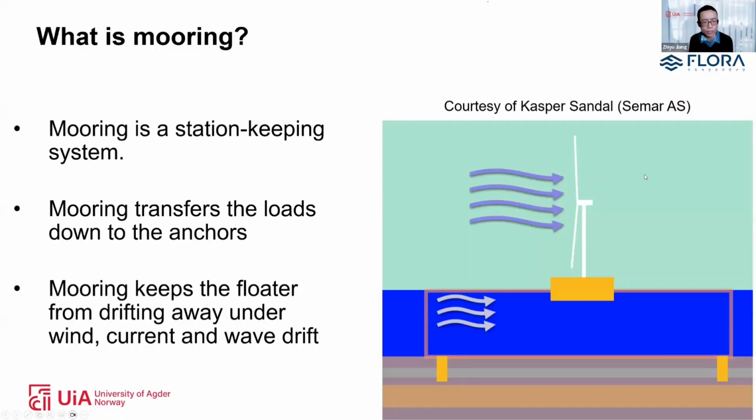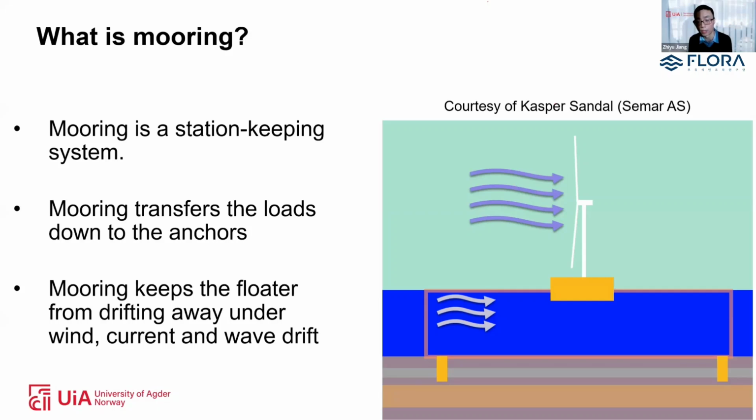So what is mooring? Mooring is a station keeping system, as I mentioned earlier. Mooring transfers the loads. We have the platform and the wind turbine, they are subjected to loads, right? The platform is subjected to hydrodynamic loads due to waves and currents. And wind turbines are subjected to primarily aerodynamic loads, right?